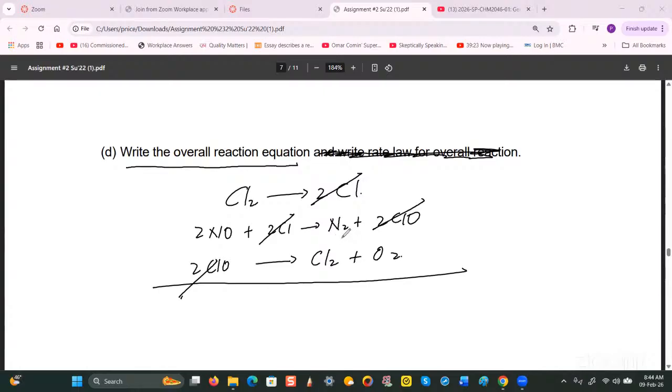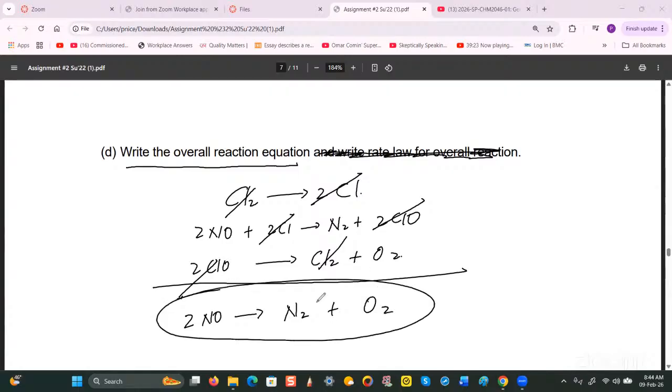And these chlorines will cancel out here and here, with 2NO to give N2 plus O2, and this would be the overall equation for the reaction. So that's basically how the D part is answered.